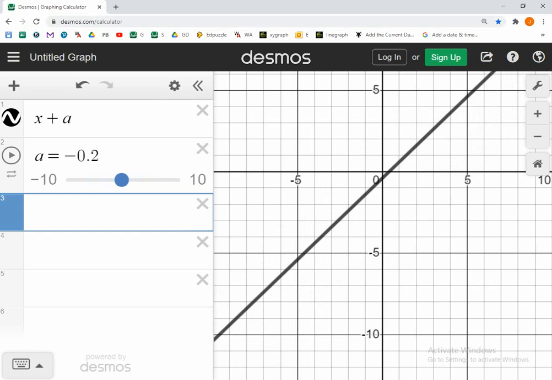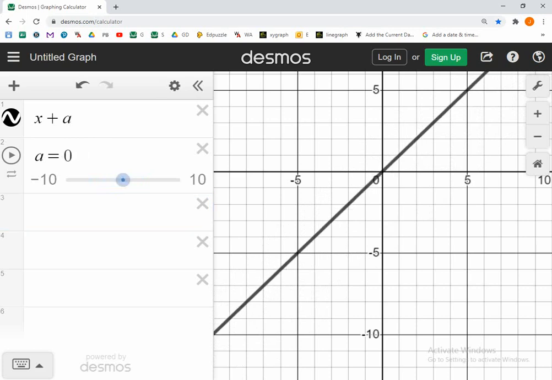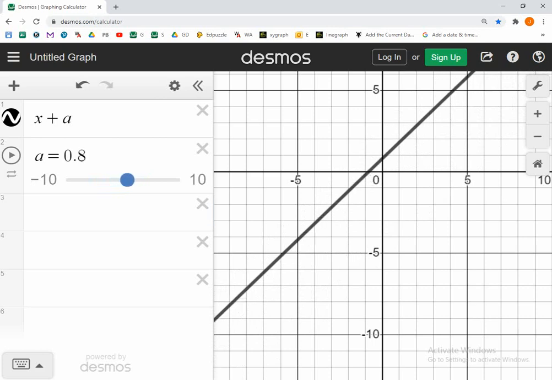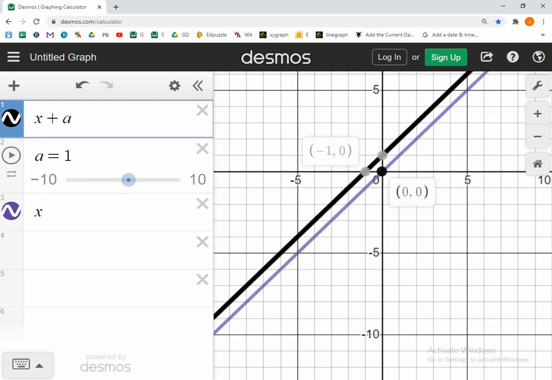When a is 1, x was originally going through 0, 0, right? Now we can think about it as that point moved up 1 unit, but we can also think about it as that point moved left 1 unit. So when we add something here, it's actually moving it left.